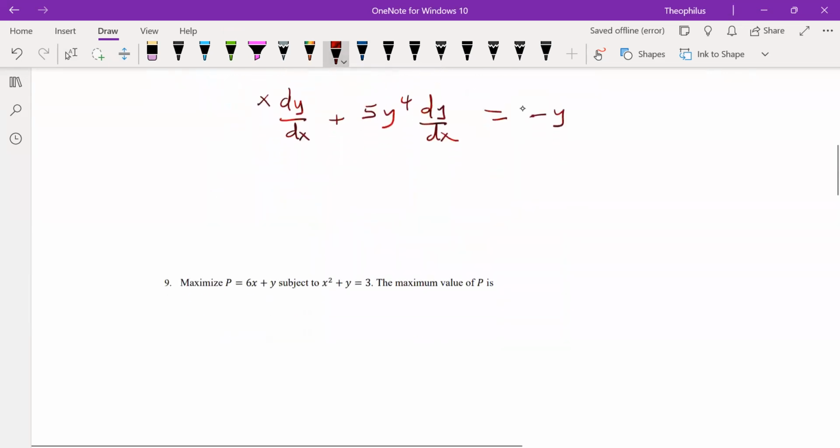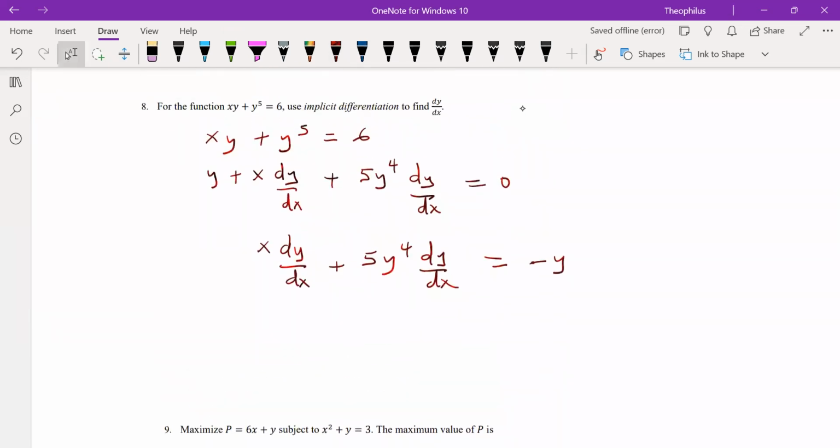Now, what we need to do is to factor dy dx on the left. So with that, we're going to have dy dx sitting outside, then you have x plus 5y to the power 4, equal to minus y.